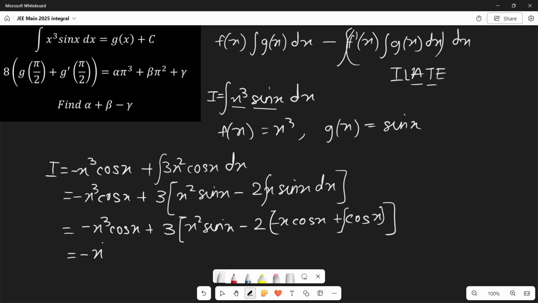And then we have minus x cubed cos x plus 3x squared sin x plus this is 2x cos x, and integration of cos x is sin x, so plus 2 sin x.